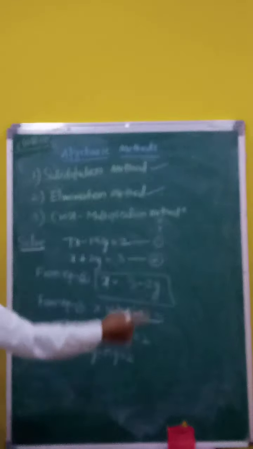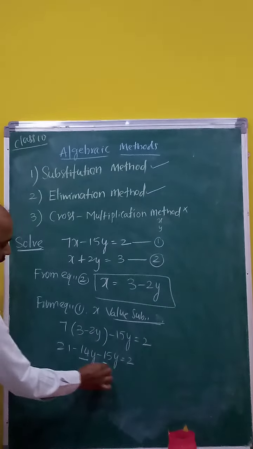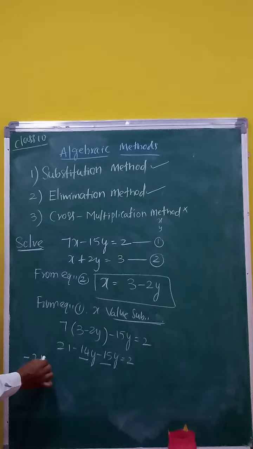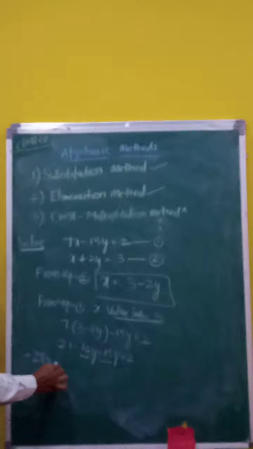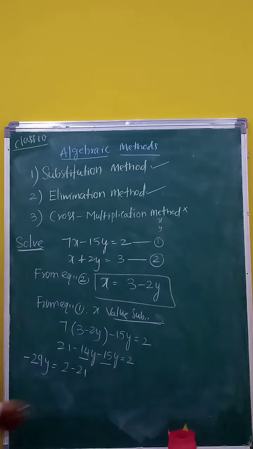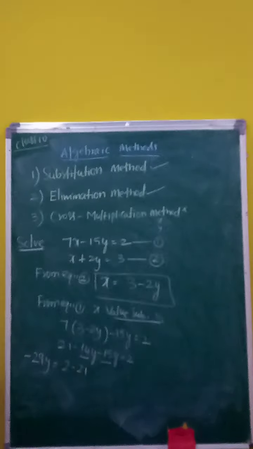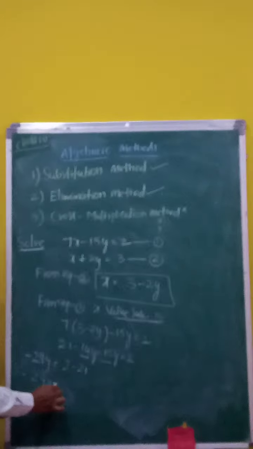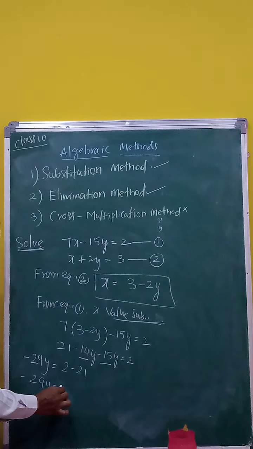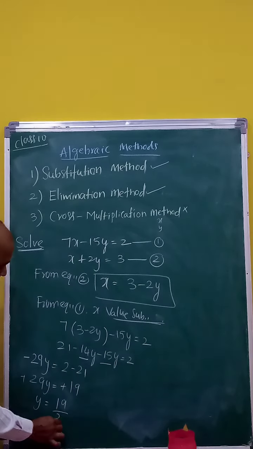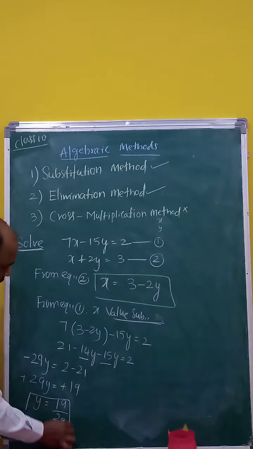Now 21 take to the right side, minus 14y and minus 15y gives minus 29y is equal to 2 minus 21. 21 transposing to the right side, 2 minus 21 is minus 19. Minus cancel, then y is equal to 19 by 29. Y value done now.